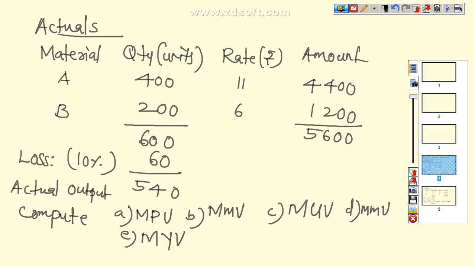Here the standard cost per unit is given, the standard and actual information is also given, and the output is also given. First point: if the output is given in the question, we have to make a change in the formula.